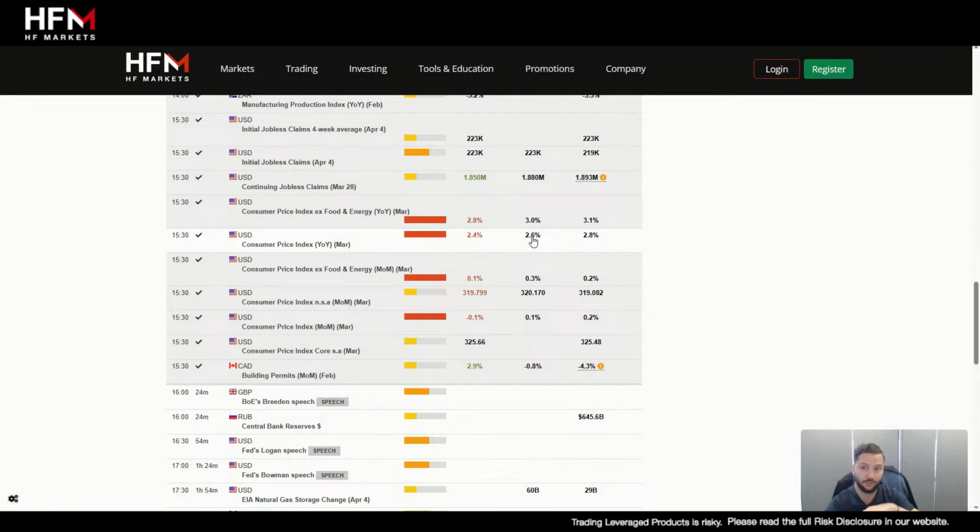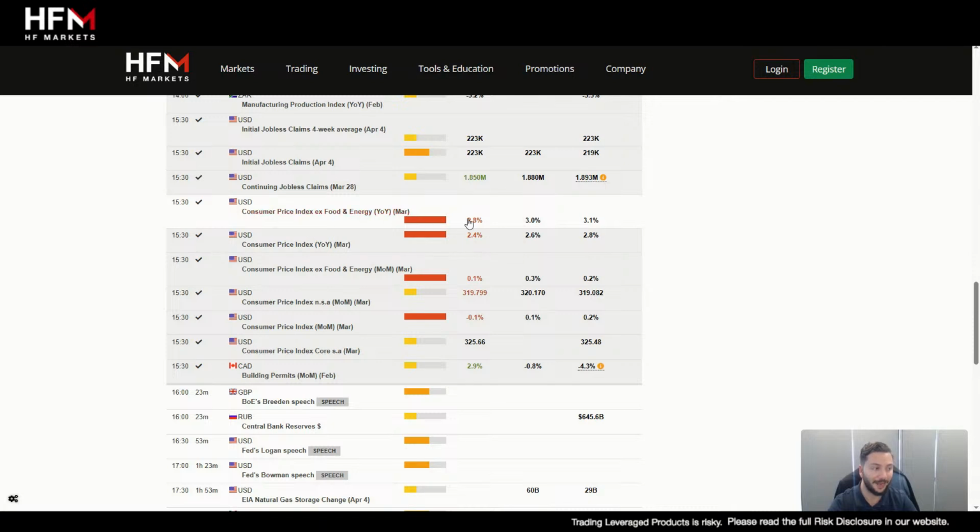Actually, the average, if we're looking at hedge funds, I've taken the average from Goldman Sachs, Jefferies, JP Morgan, Citigroup. If you take the average of these main institutions, a lot of institutions actually believe that it was going to drop to 2.5%. Here on our calendars, 2.6%, that's not necessarily wrong either. Either way, it's lower than expected.